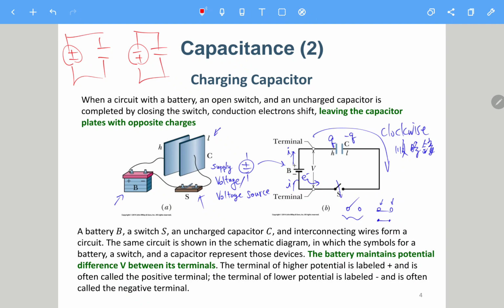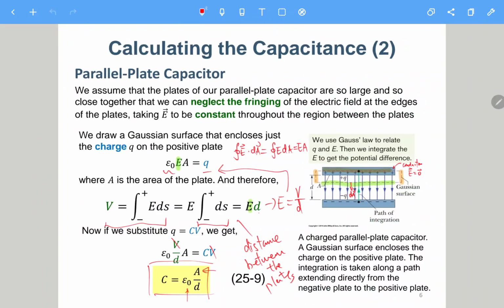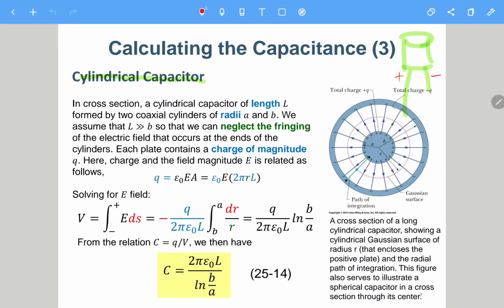Either one is okay, but for this kind of capacitor, you must be very careful. If you apply higher voltage to the negative node, then it will explode. So this is quite interesting.